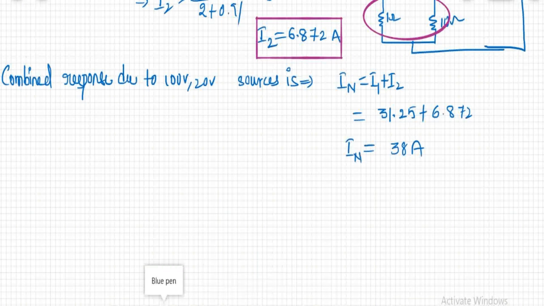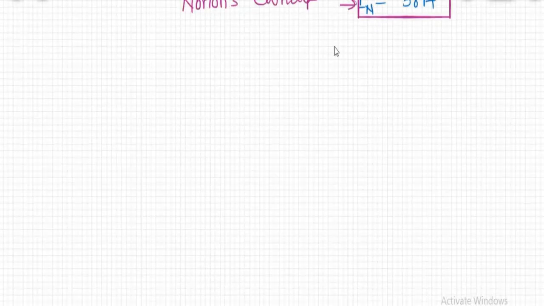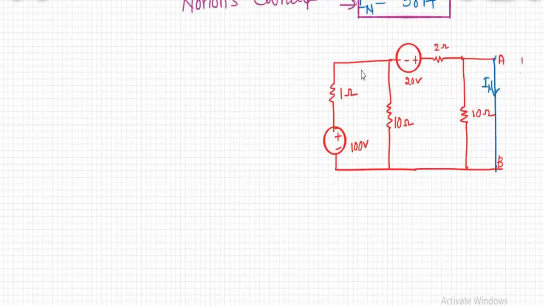Now we are going to find Norton's resistance, that is nothing but the equivalent resistance. For that we need the help of our circuit. This is Norton's current. So let us take the circuit again. Here we have the circuit. Now we are going to find Norton's resistance, that is the equivalent resistance. You can simply find it.